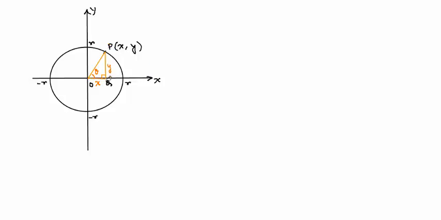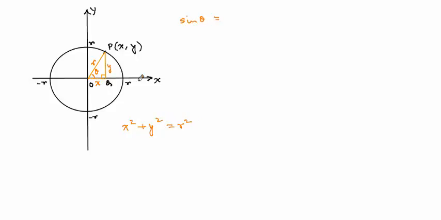Let's use some known facts from right triangle trigonometry. We know that sine theta is equal to the opposite over the hypotenuse. The radius of the circle is r. The length of the hypotenuse is nothing but the radius of the circle, so this is r. And x, y and r are related by the Pythagorean theorem, so that we have x square plus y square is equal to r square.